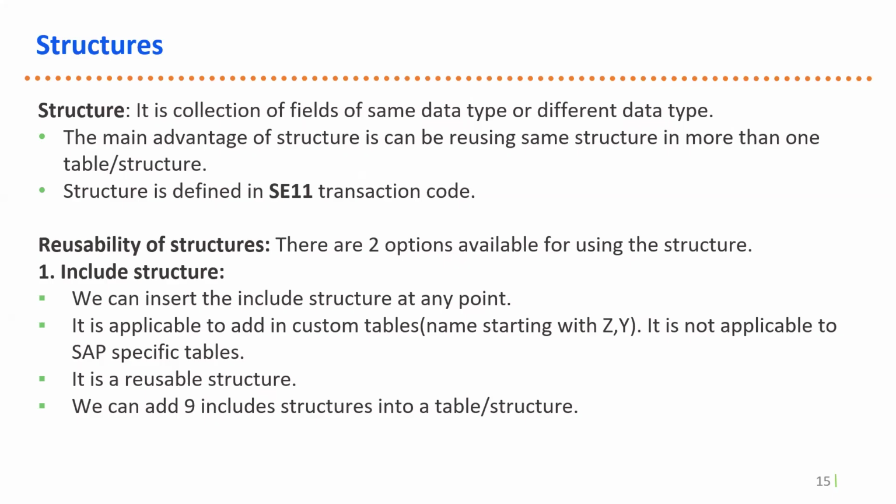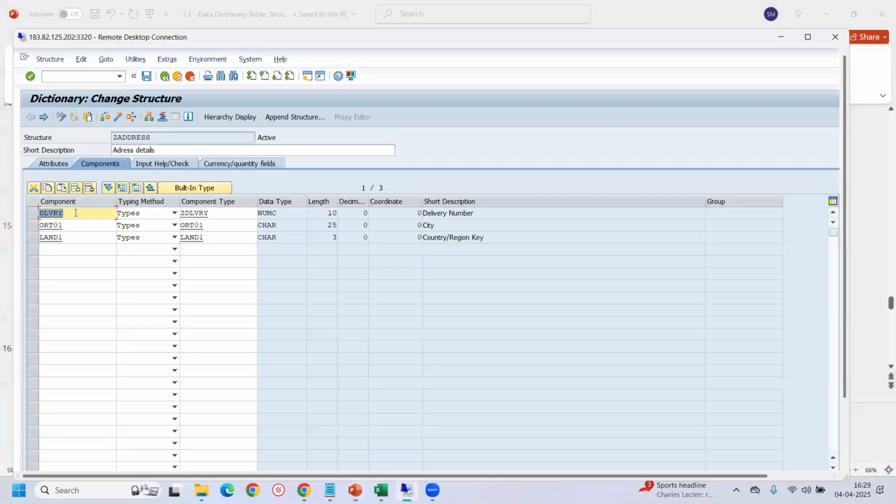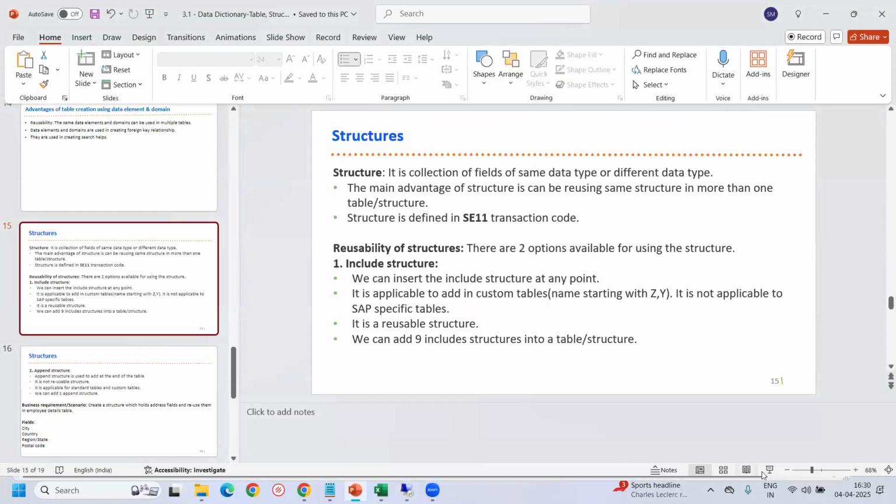Suppose you have a custom table and you want to add the structure fields we have created in a specific position in the table, like from the second line onwards, or from the third line onwards. Then we can go for include structure.